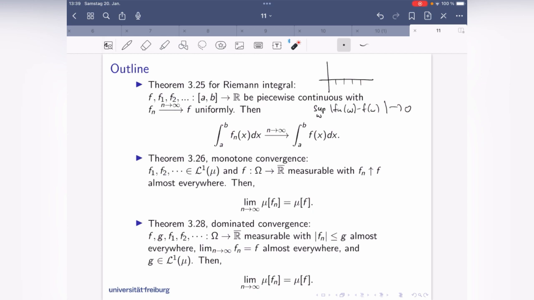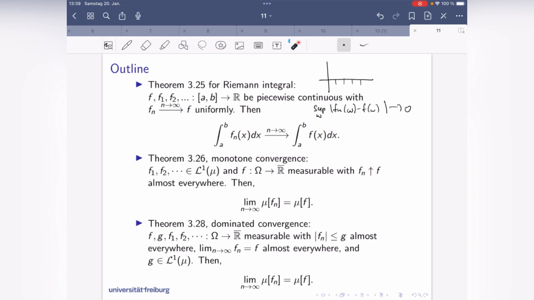we have the following two main convergence results: monotone convergence and dominated convergence. Monotone convergence is: you have functions in L1, so that means they have a finite integral. You have an f, which is just measurable, and the limit here is almost everywhere pointwise but upwards.